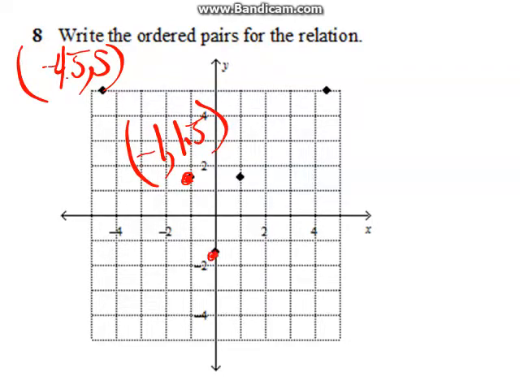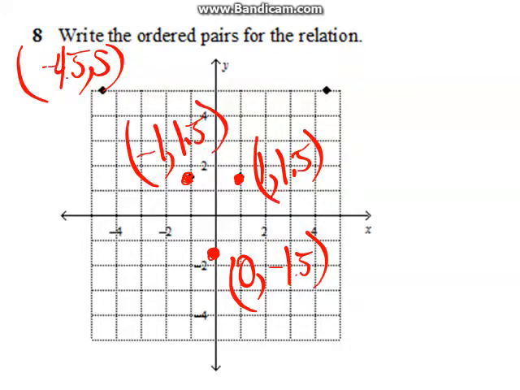For this point here, we say x is 0 and y is -1.5. For this point here, we've got a 1 and a 1.5. And for our last point up here, we've got 4.5 for x and 5 for y. And those are our points.